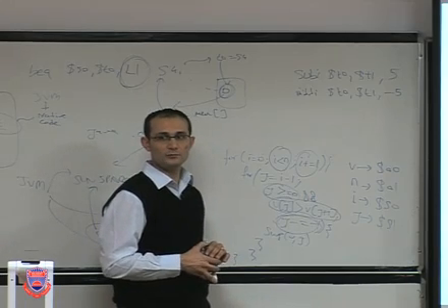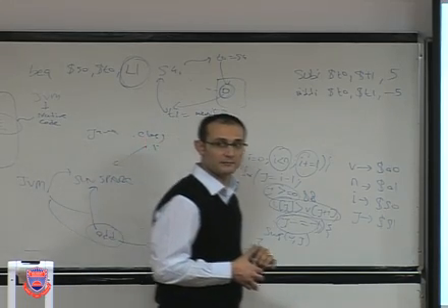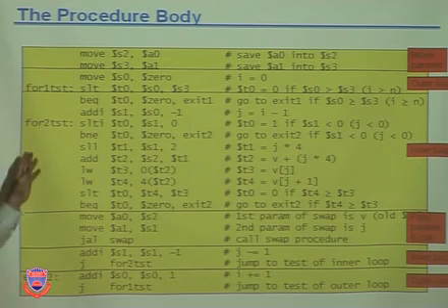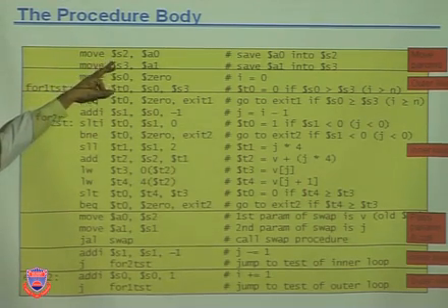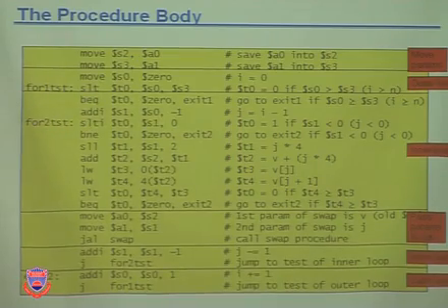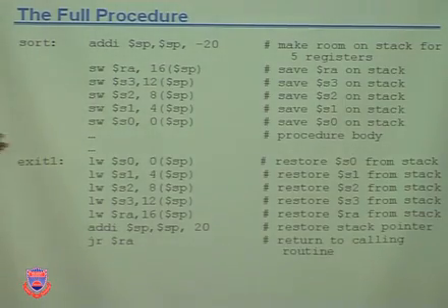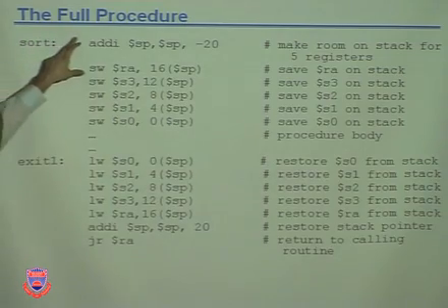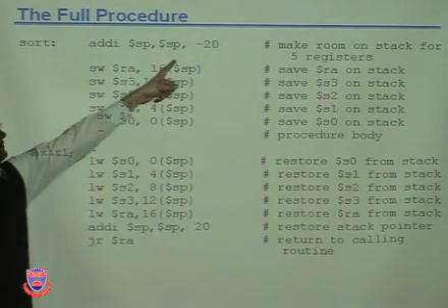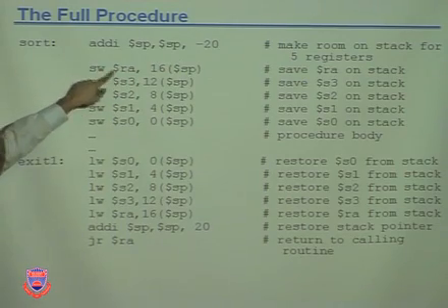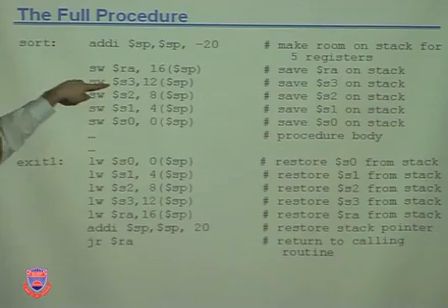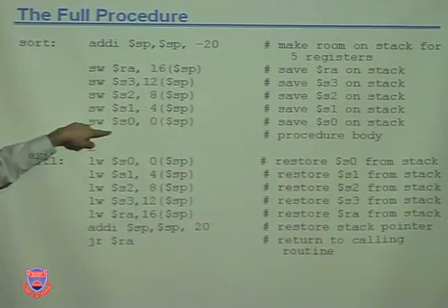Exactly, this is a good point. You need to save the stack, the pointers and the arguments that you used. For example, S registers, right? You have to save them before. So what we actually do, as in the next slide, is that before calling the sort method, you reserve 5 register space, 5 word addresses, and then store your return address and all these S registers that you just used.